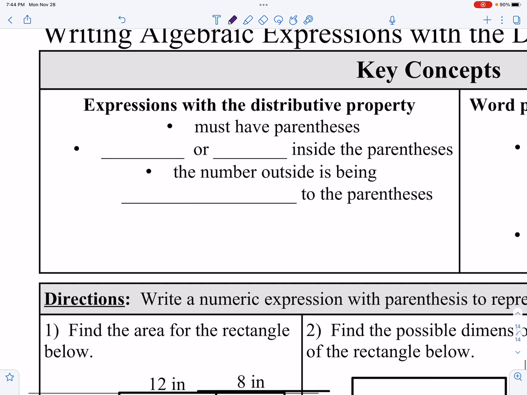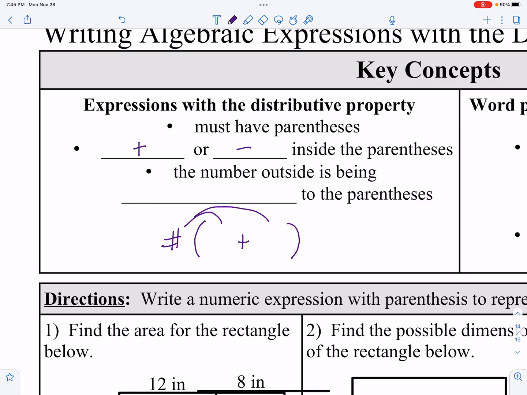So here are your key concepts. Expressions with the distributive property, obviously they have to have parentheses because you're actually needing some number out here to then distribute onto the inside. On the inside, you must have either addition or subtraction.